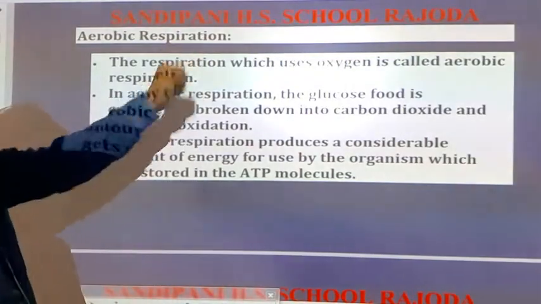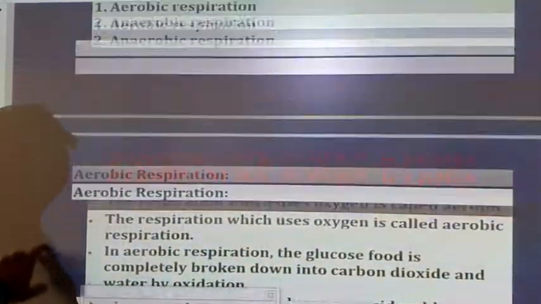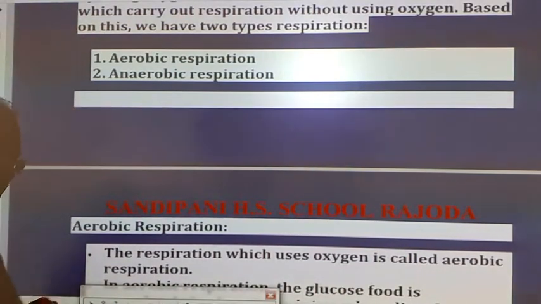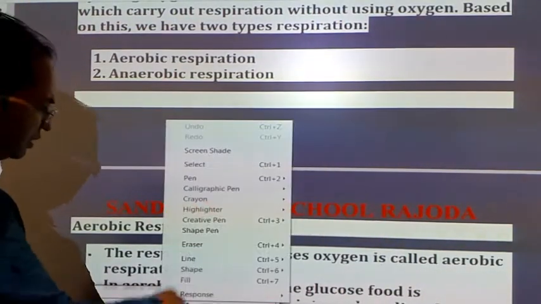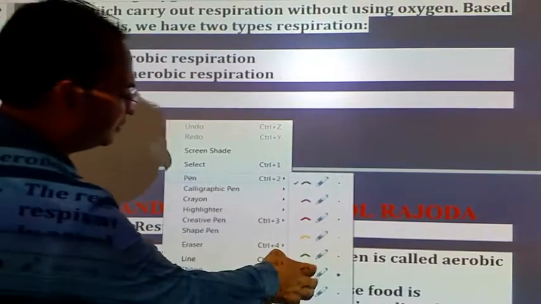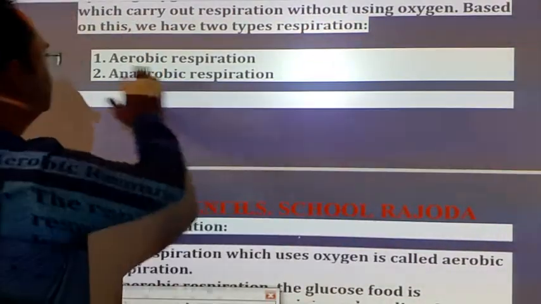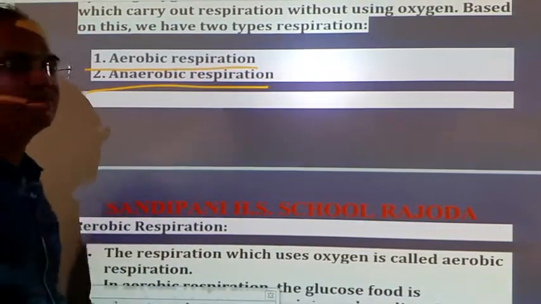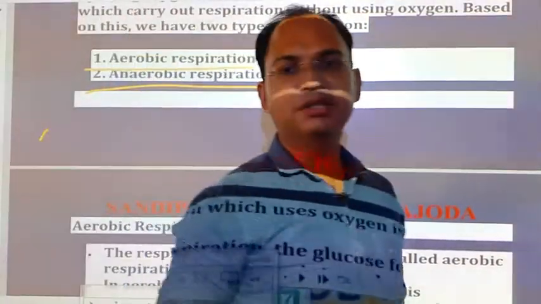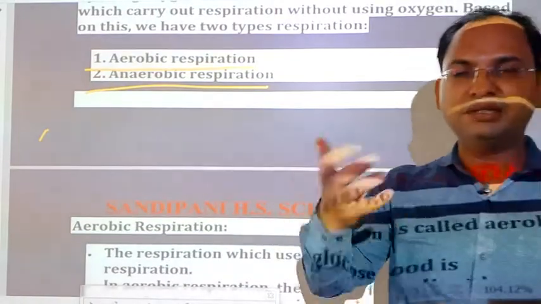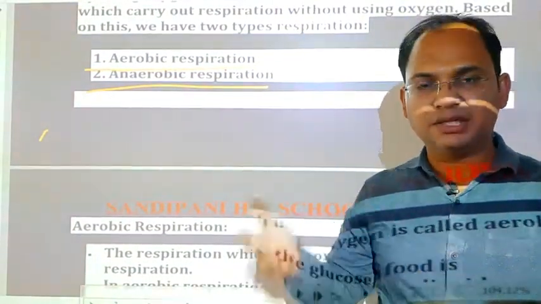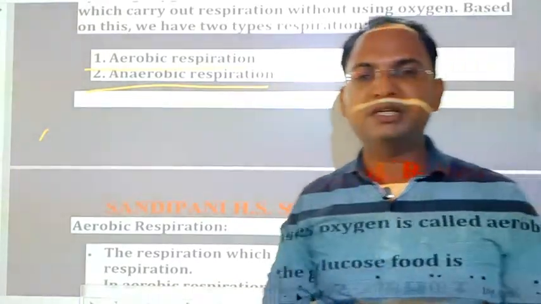Students, respiration is broadly divided into two parts, aerobic respiration and anaerobic respiration, on the basis of the consumption of oxygen during the process of respiration. When respiration occurs in the presence of oxygen, by utilizing the oxygen present in the air, that respiration is called aerobic respiration.